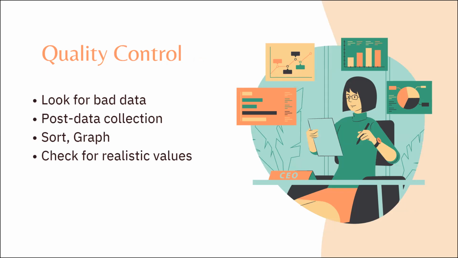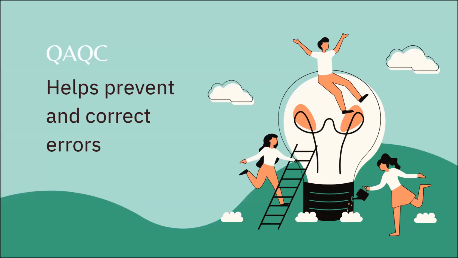So if you see a value that is unrealistic, you can flag it as a potential error, return to that original data sheet or the original sample and remeasure. So quality assurance occurs before data collection, and quality control typically occurs after data collection. And together, QA/QC helps prevent and correct errors.